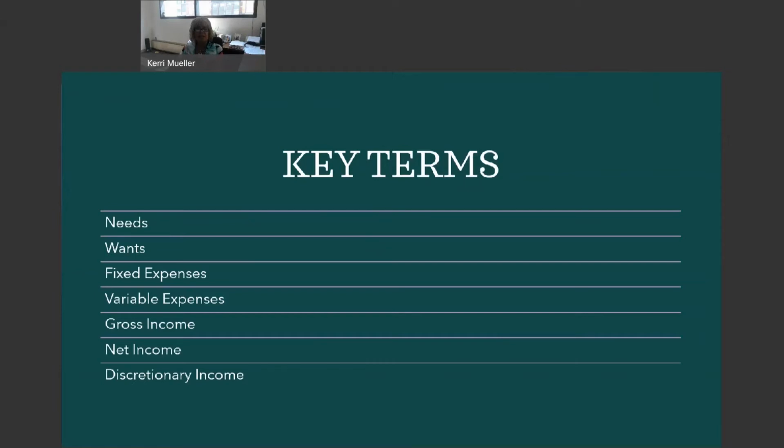Your net income is the money remaining after taxes and deductions have come out, and this is what's actually used for your budget. This is your take-home pay. And finally, discretionary income is the money that you have left over after all your bills and obligations have been paid. It is actually what you use to achieve your financial goals.